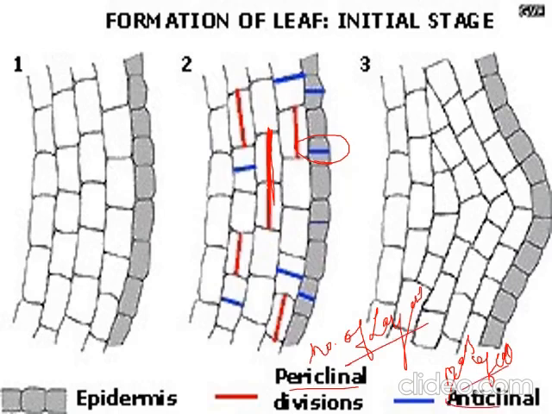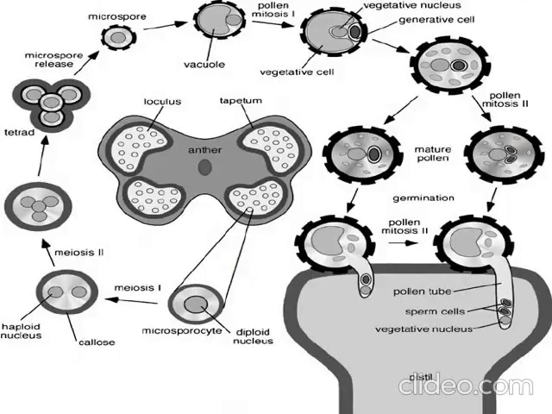So here you can find the mass of the cell is increasing, and here there is an increase in the number of layers. So this is all about periclinal and anticlinal division, and nothing more to know. Just be clear with the concepts, it is very important to know.